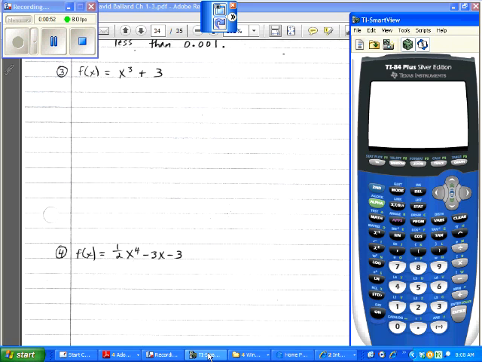The situation is that if we had y minus y sub 1 is equal to slope times x minus x sub 1, that is the point slope formula line.